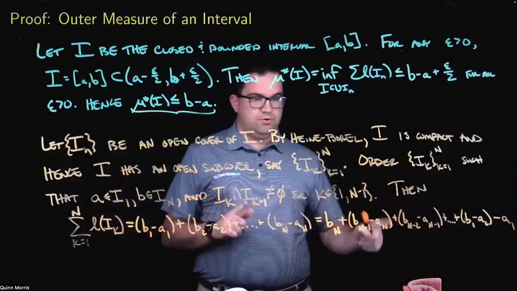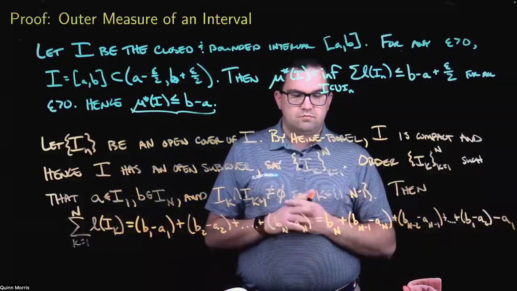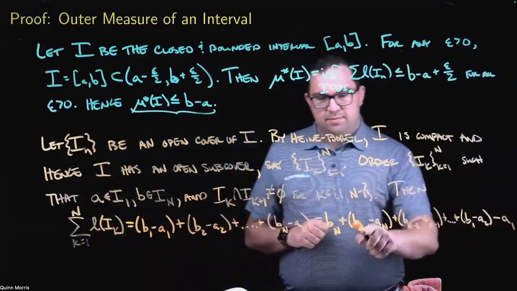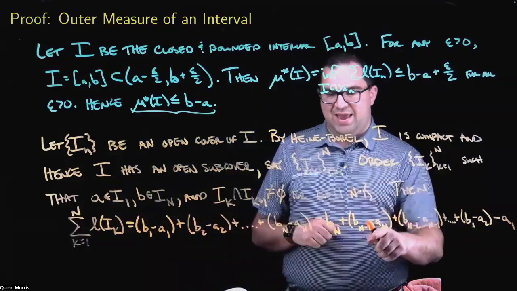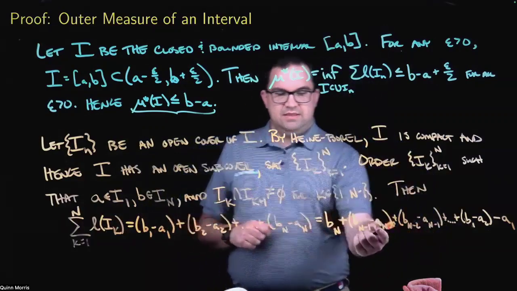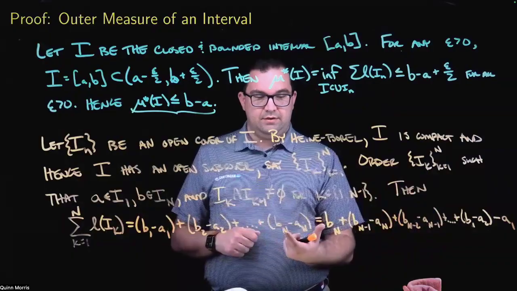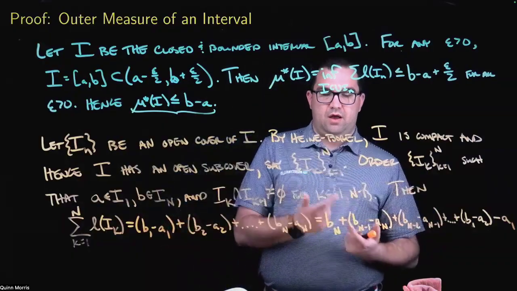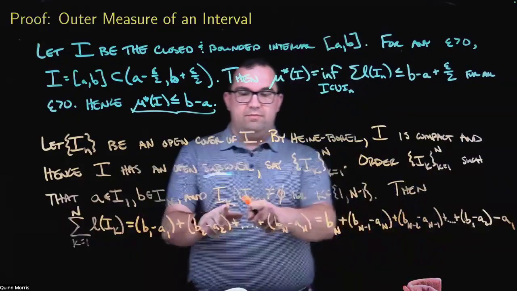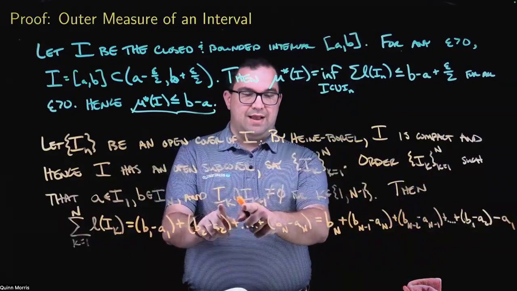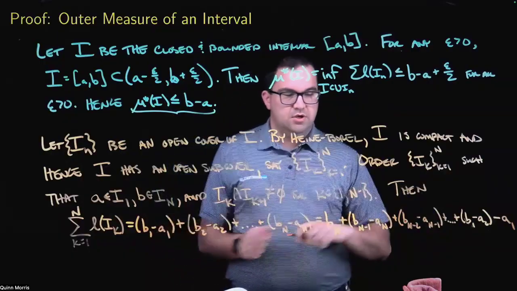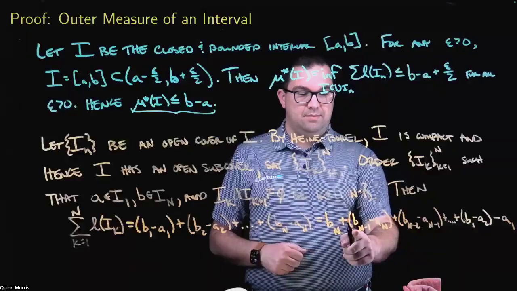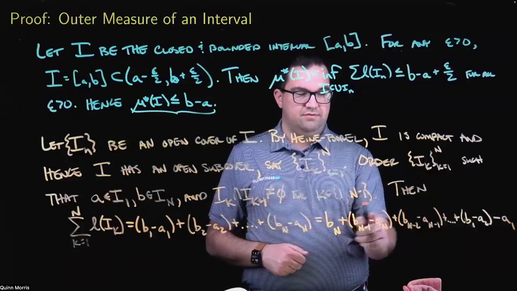Now, the reason I want to reorder them in this way is that I have B sub N minus 1 minus AN. So what is this? This is the lower endpoint of IN and the upper endpoint of I sub N minus 1. Well, remember, those two must intersect. They have a non-trivial intersection. So that means that AN must be less than B sub N minus 1, so this quantity must be positive.